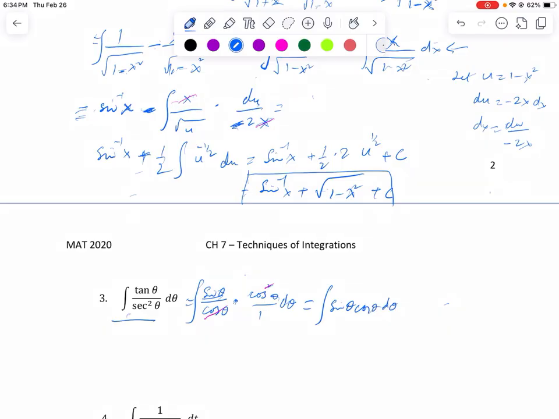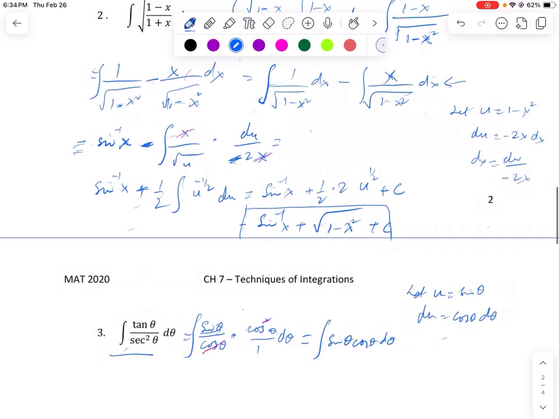So how do you solve that? Again, you can use the methods you learned in section 7.2. I have a function and its derivative is being multiplied right there, so we can use u substitution. For example, let u equal sine of theta, then du will be cosine of theta d theta.